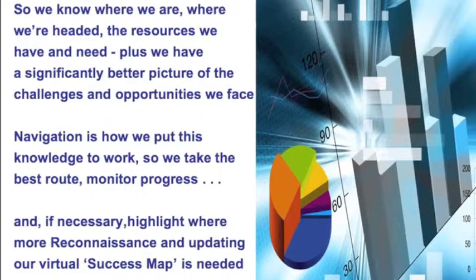And also we have a significantly better picture of the challenges and the opportunities that we'll be facing. Now navigation is how we put this knowledge to work. So now we take the best route and monitor progress, and if necessary we highlight where more reconnaissance and updating of this sort of virtual success map that we're building will be required.